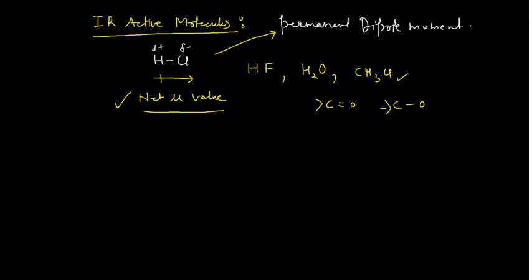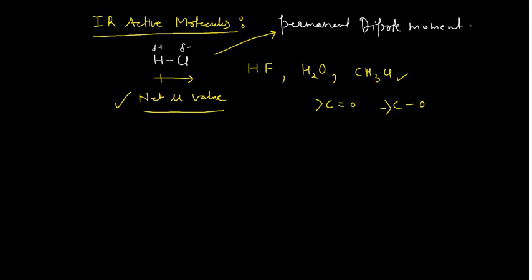And sometimes it may happen that the molecule is not having a permanent dipole moment, but the activity of the molecule, and here activity, you can confuse it with active mass or something like that. Activity here means when the molecule is vibrating.